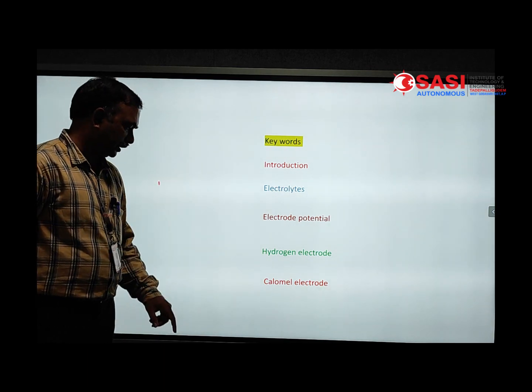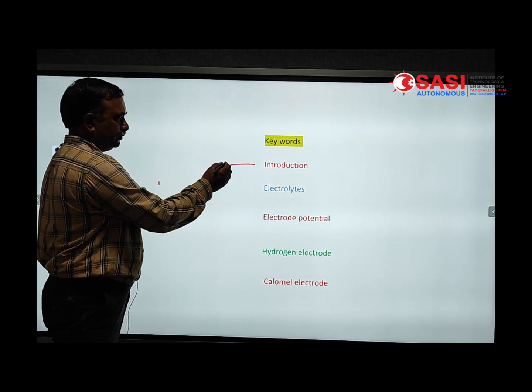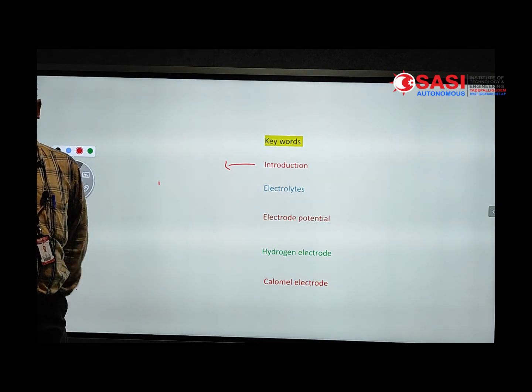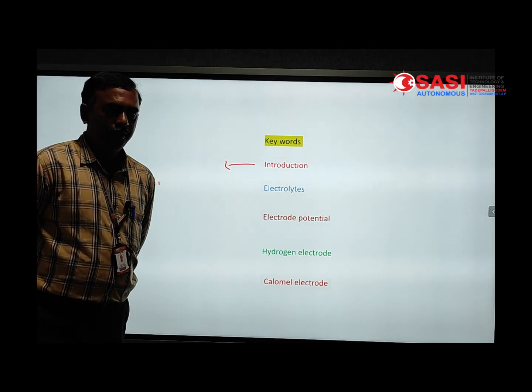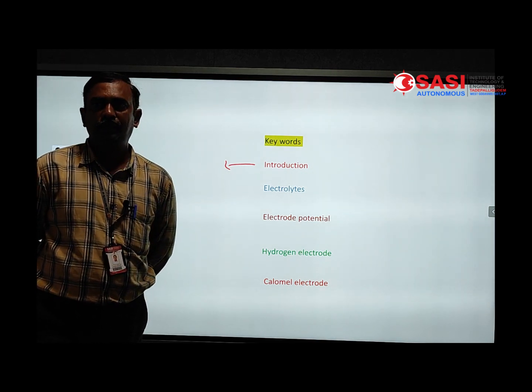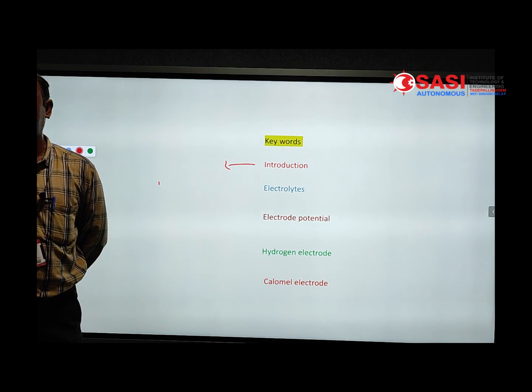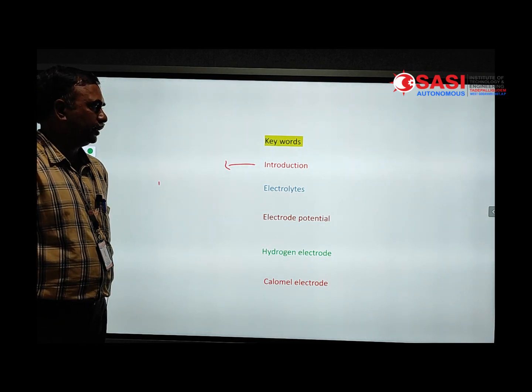The first one is the introduction. As you already studied in your lower class, electrochemistry is the study of the change of electrical energy into chemical energy. Similarly, by using chemical energy, we can produce electrical energy. These two processes you have to study in electrochemistry.